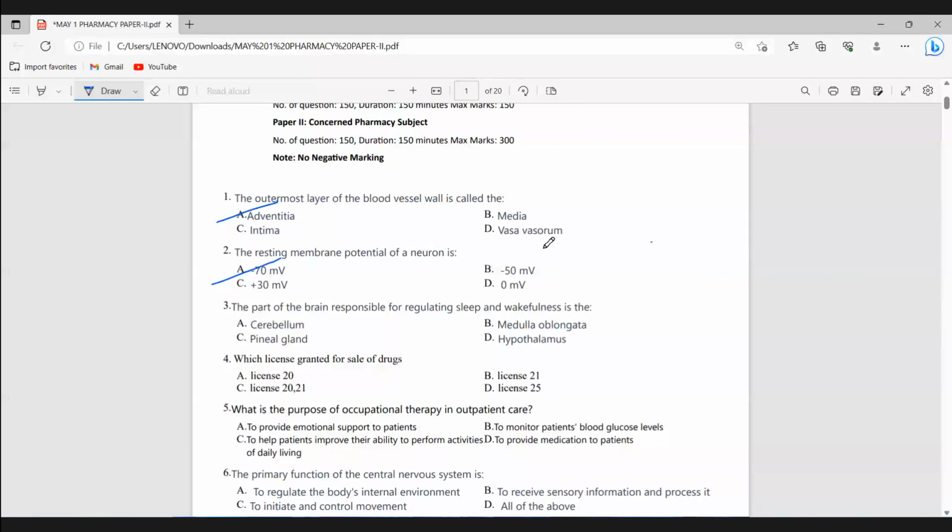If I'm going fast, please tell me in the chat box, because it is the explanatory part and it is very important. I want everyone to note each and every point. Am I going fast?